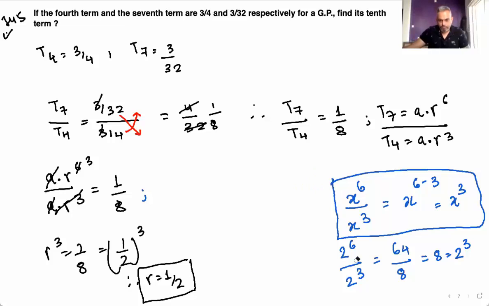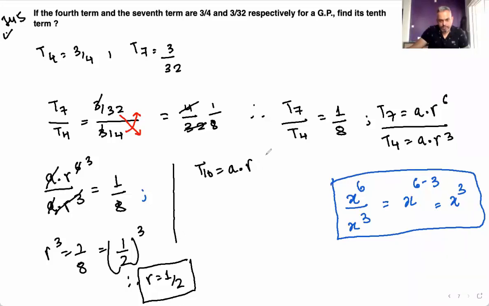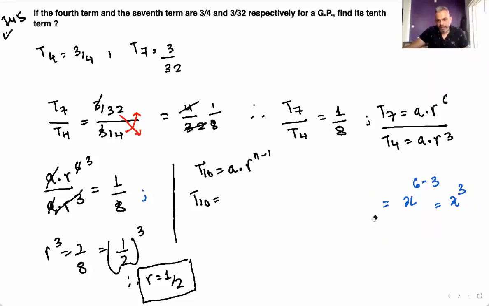Now, T10 is equal to a into r raised to n minus 1. So T10 is equal to what is a? Now over here we also have to find out a. Now we have got r but we have not got a, so we have to find a. So r is equal to 1 by 2.